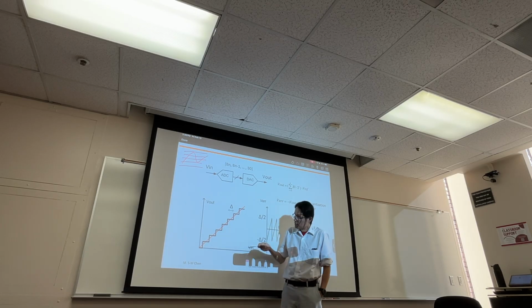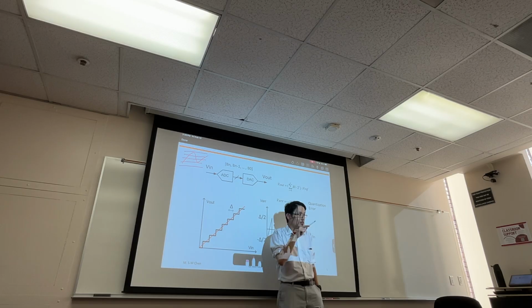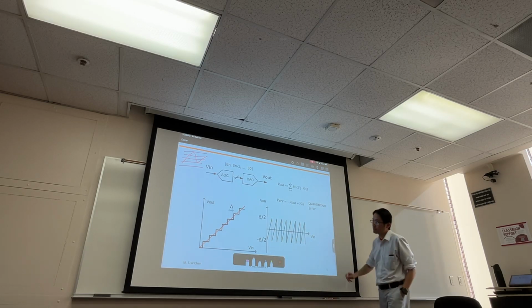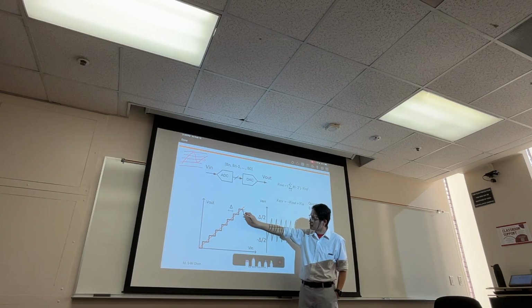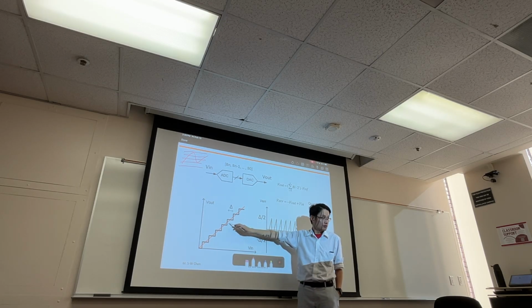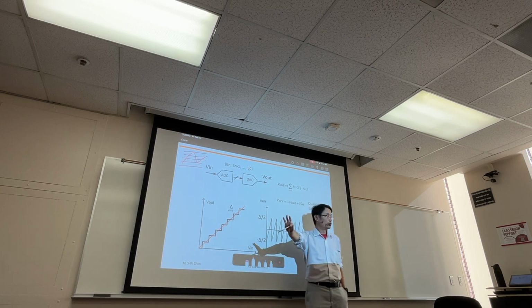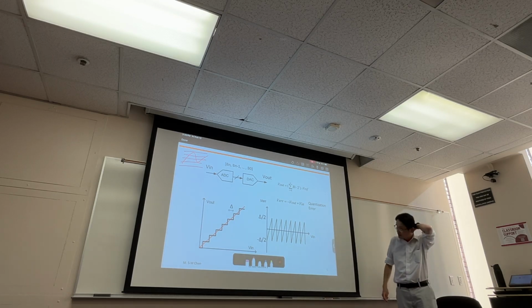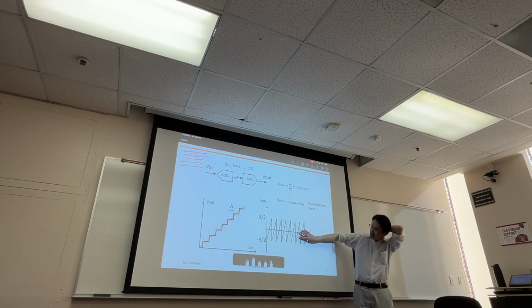Do you see the points where there's no error? Whenever this red line intersects with the black staircase, 0 error.